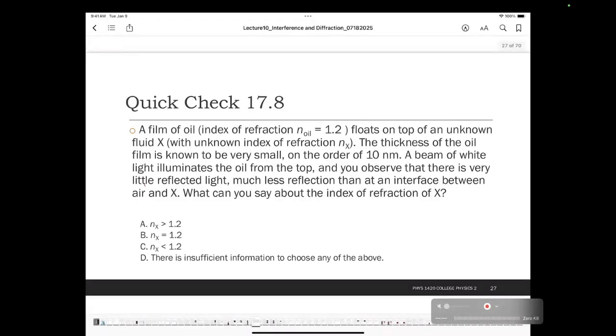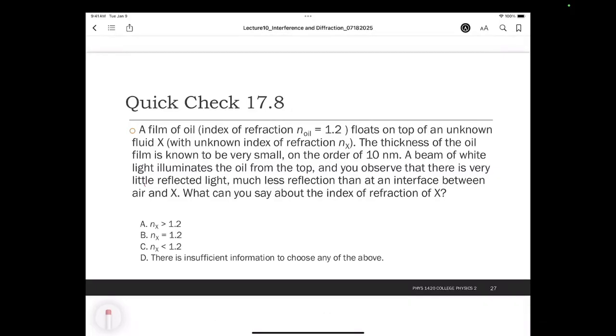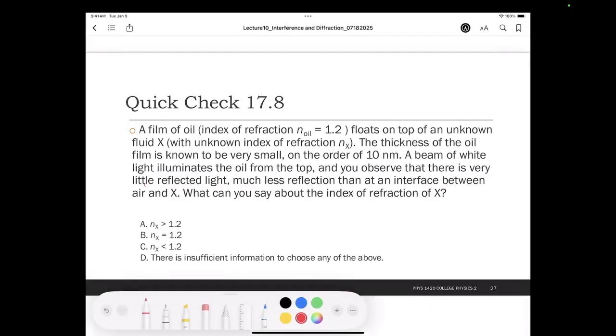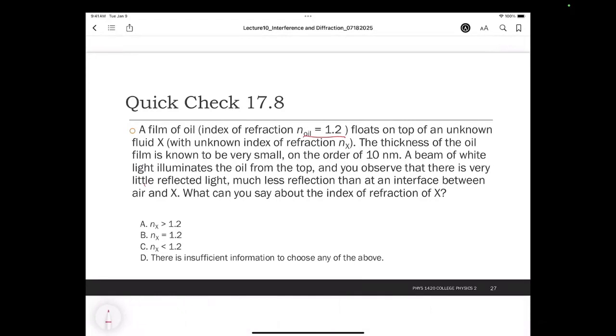Okay, let's check this quick question. A film of oil with index of refraction 1.2 is floating on top of an unknown fluid X with unknown index of refraction Nx. The thickness of the oil film is known to be very small, on the order of 10 nanometers.